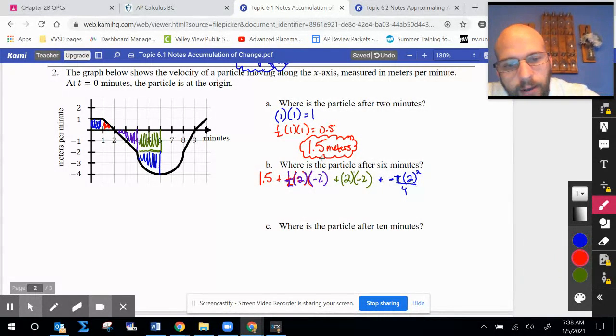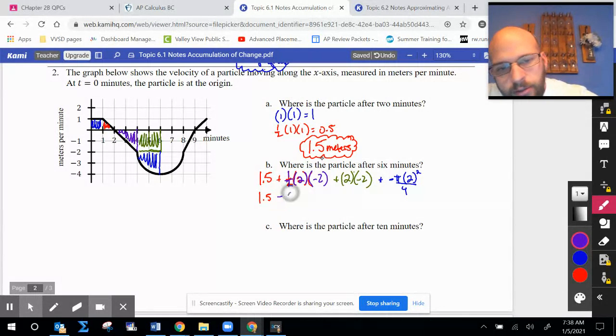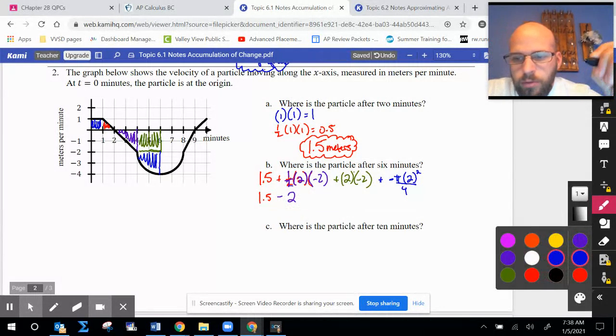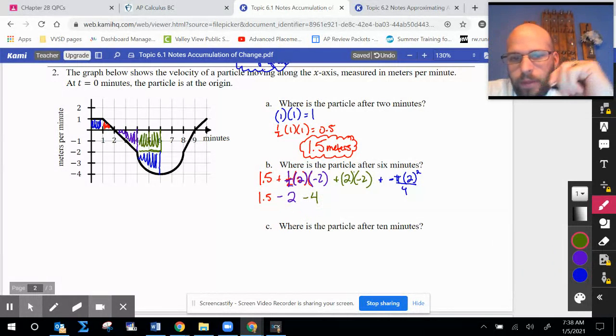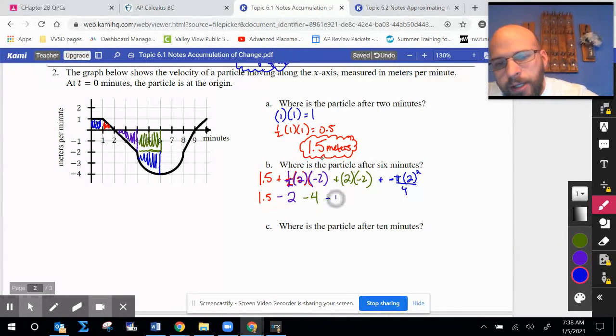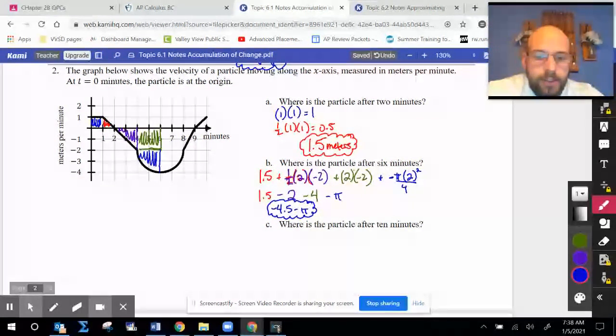So I have 1.5 minus 2 minus 4, and then last but not least, minus pi. So if I combine this all together, I'm going to get a negative 4.5 minus pi. So then where's the particle after 10 minutes, right?